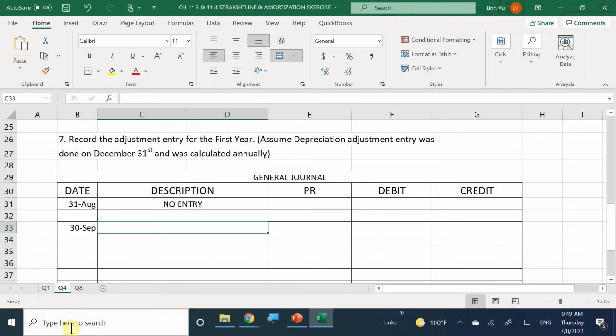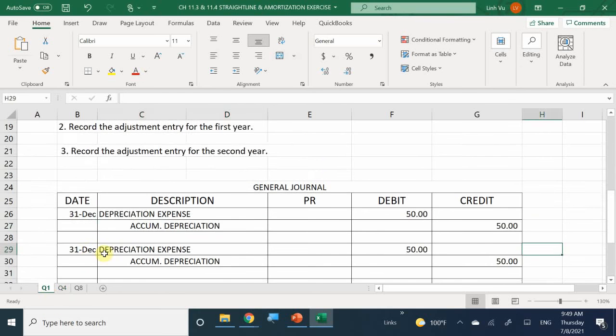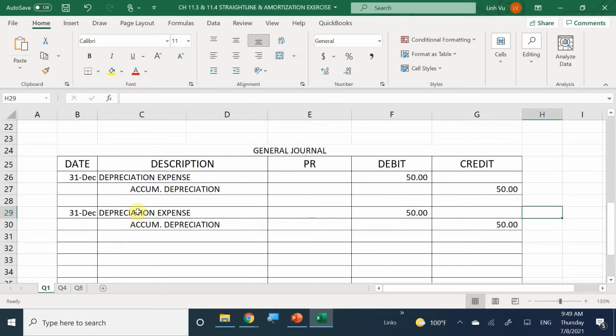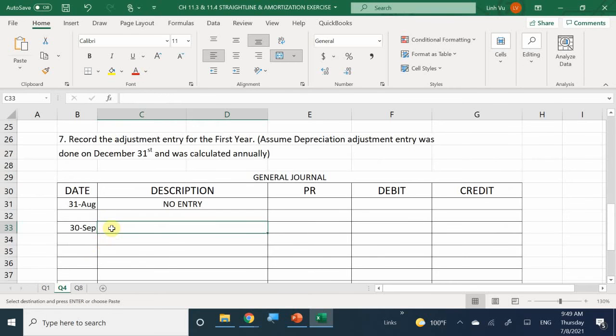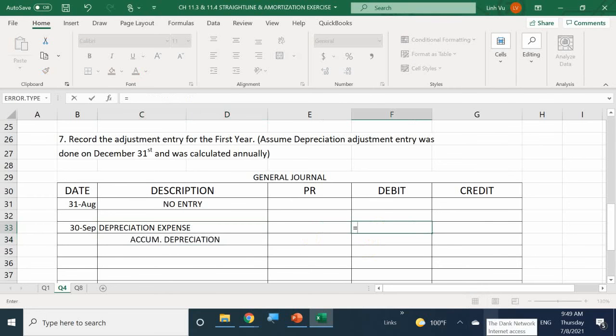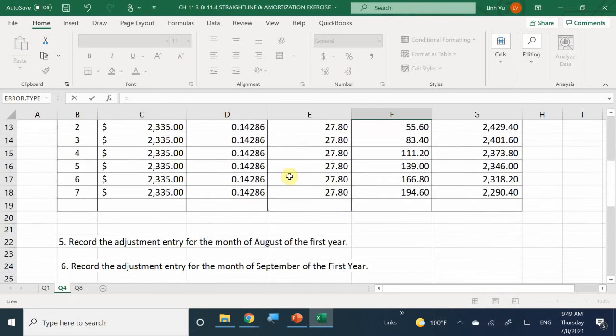Would it be depreciation expense and accumulated expense? No, wait. Depreciation expense and accumulated depreciation. Mm-hmm. 27.80. Correct. Okay. For the $27.80. Okay.